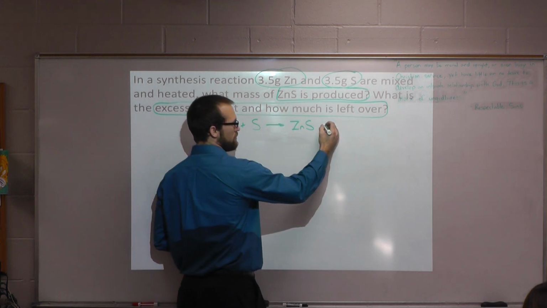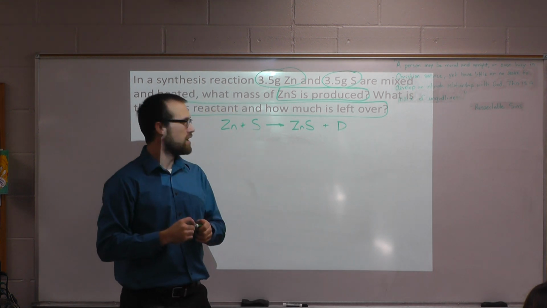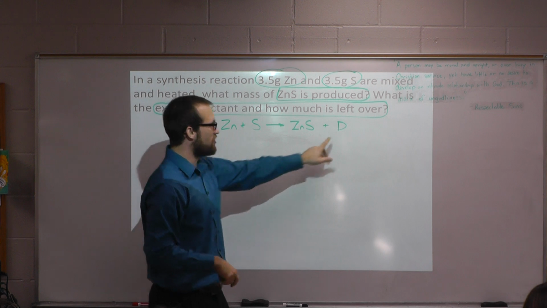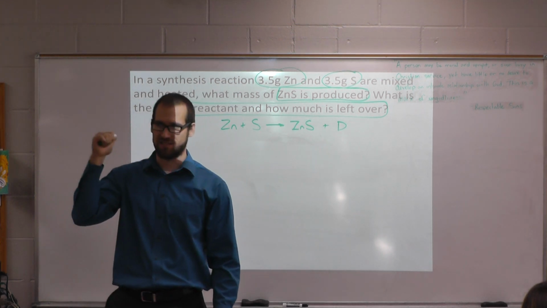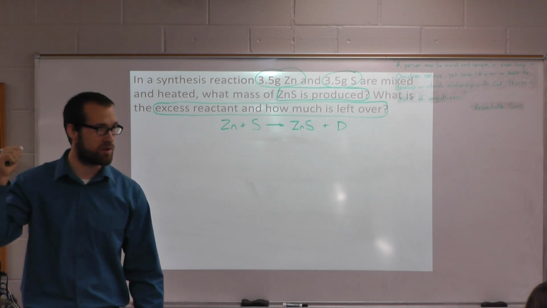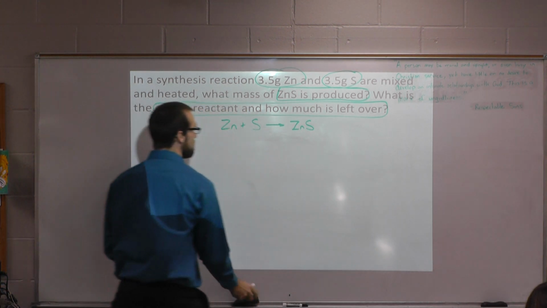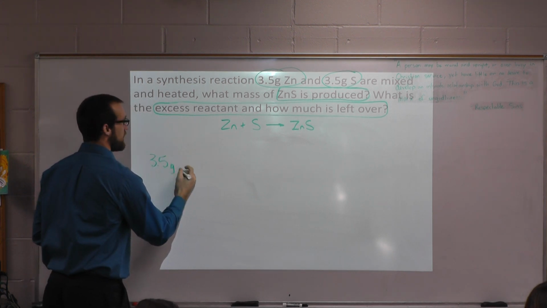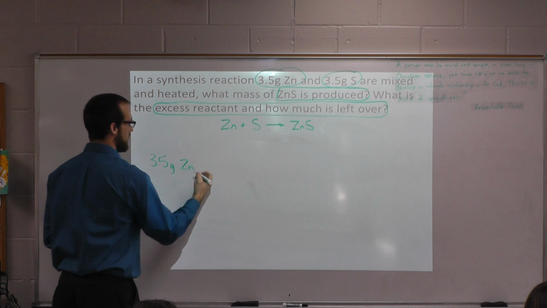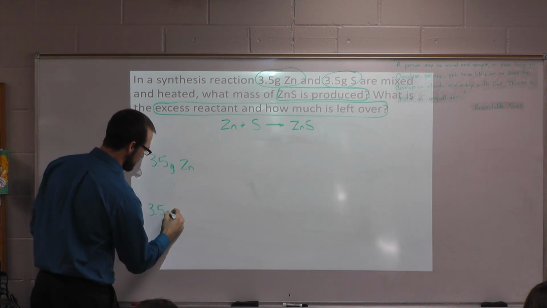What if there was a second product here? Let's just call it product D. Would we want to solve for D? No, we want to solve for the one that it asks us to figure out how much of it will be produced. Does that make sense? So, we're going to take both of our masses and solve for our product. We're going to kill two birds with one stone.